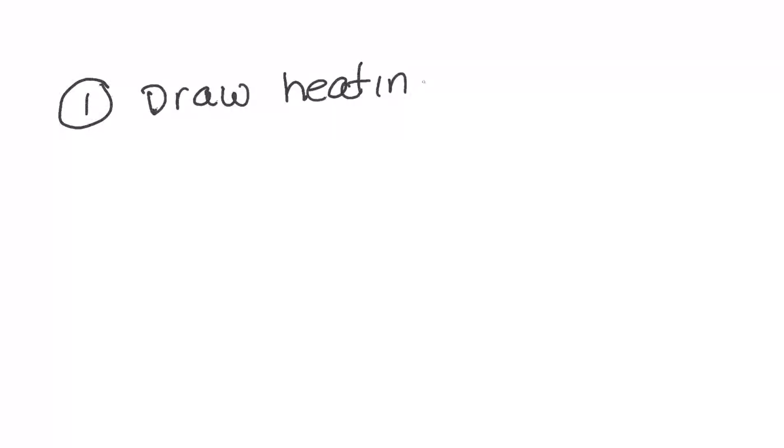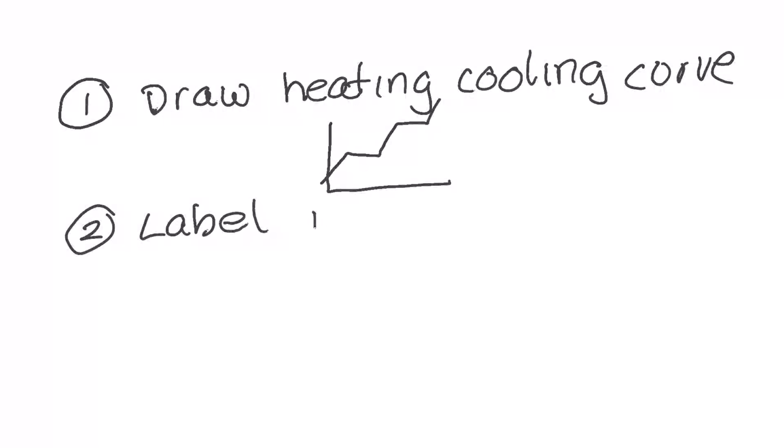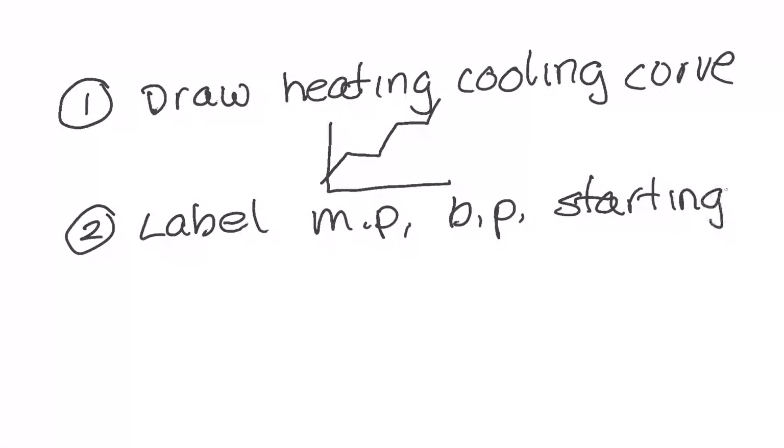So let's review the steps and write down these steps. 1, draw a heating cooling curve. So that's this generic up, horizontal, up graph. 2, label the melting point, the boiling point, the starting temperature, and the final temperature, so you know where you're going.